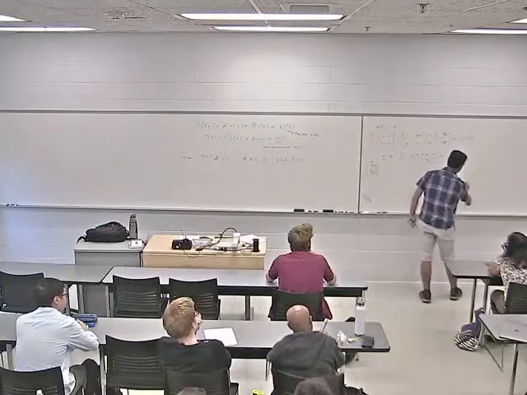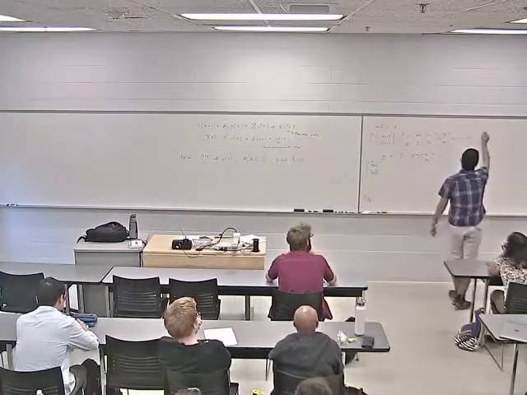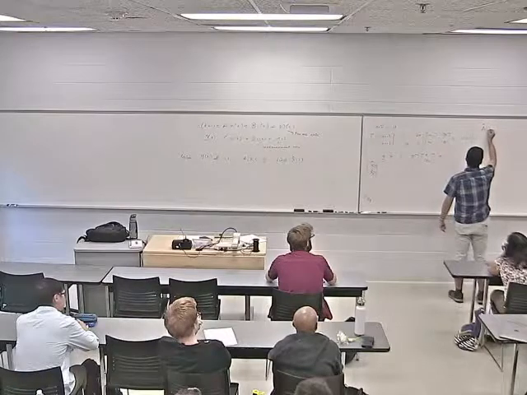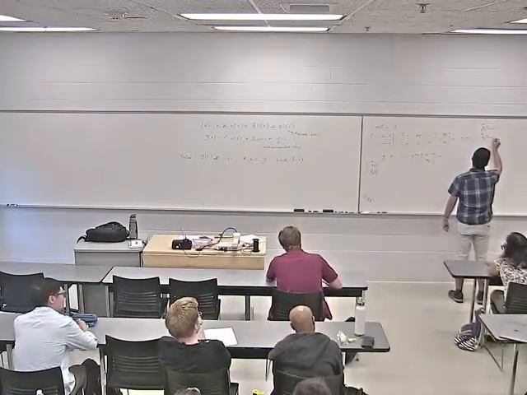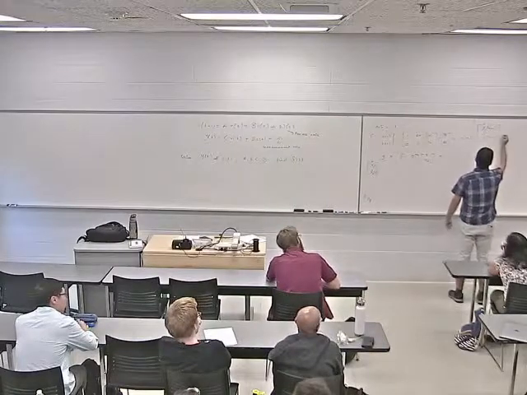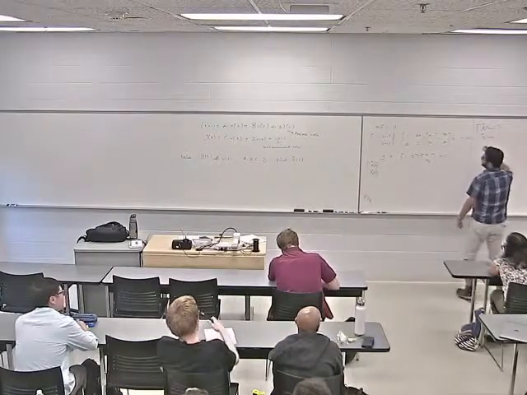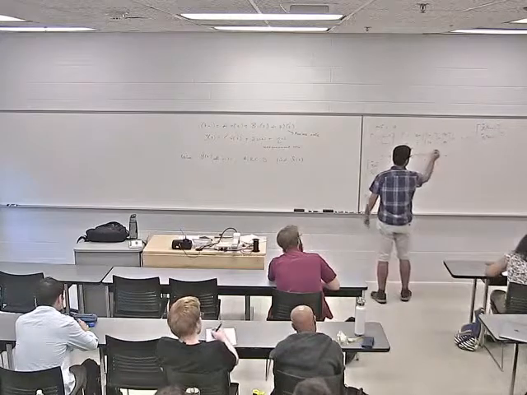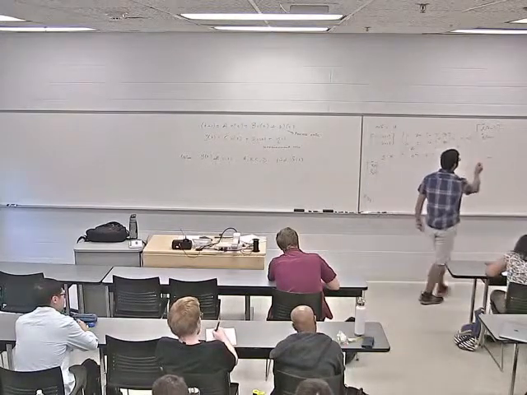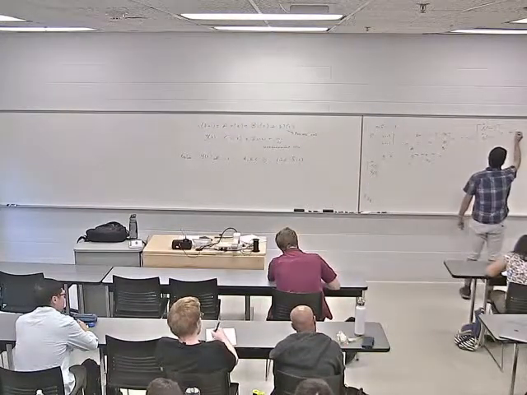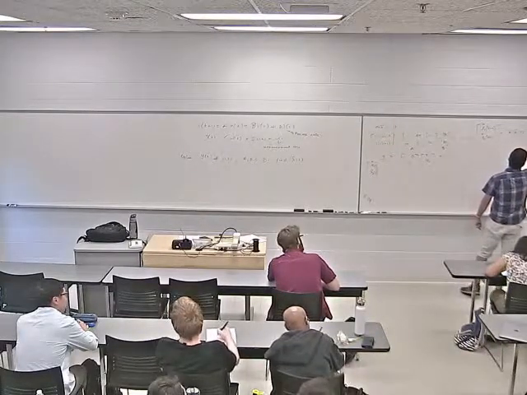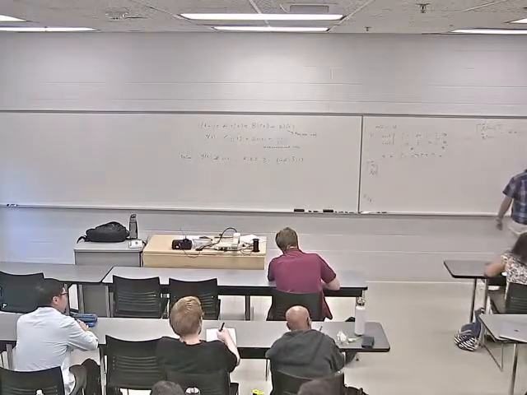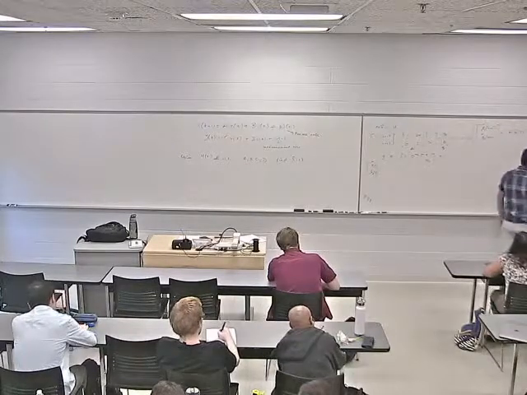You guys probably know about observers from your linear systems course. You set up the observer, which is just a copy of the system, so it's going to be the same: A x hat plus B u of k, plus K times your output error.